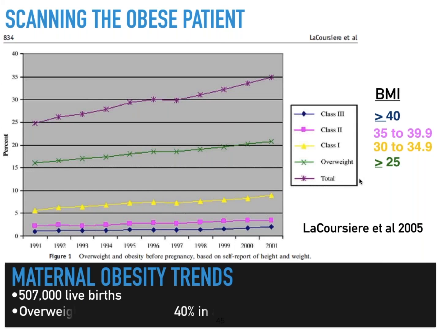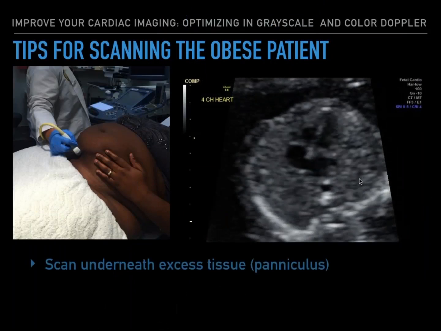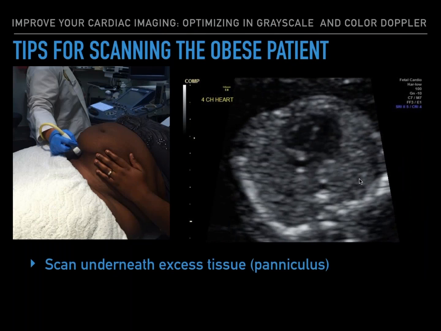There was a total of 507,000 live births, and overweight and obesity has increased by 40% in a decade. So when scanning the obese patient, it's very important that we know how to apply these techniques that will be helpful for us.